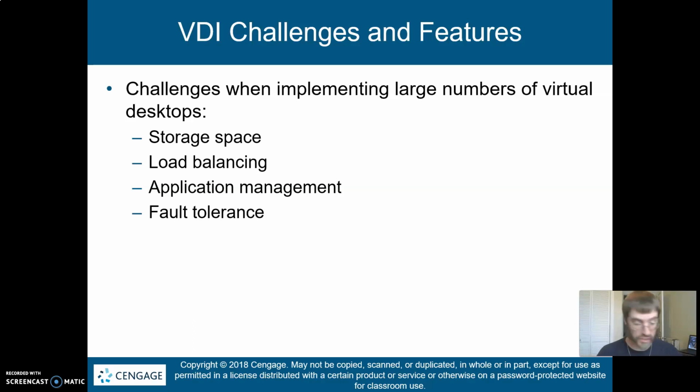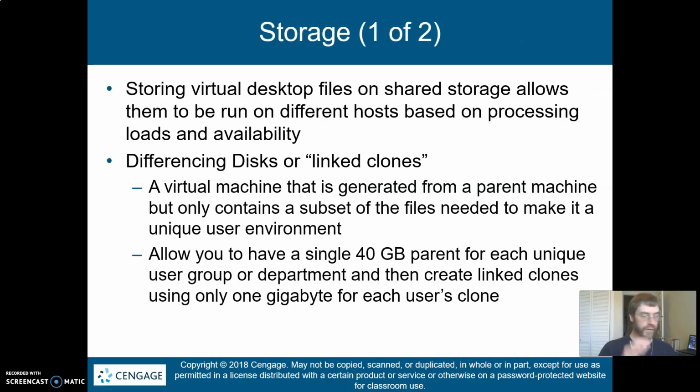So the first of these problems is storage, because we need to have a storage location that makes the virtual desktop location agnostic. It should not care what host it's living on. Ideally, you'll have a whole bunch of practically identical ESXi hosts or Hyper-V servers.